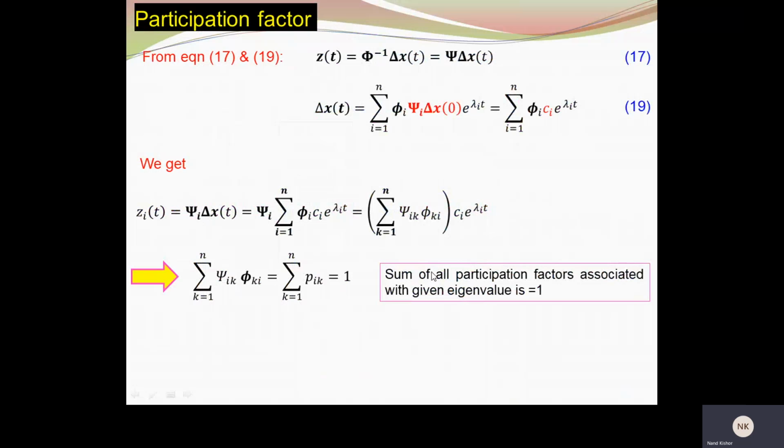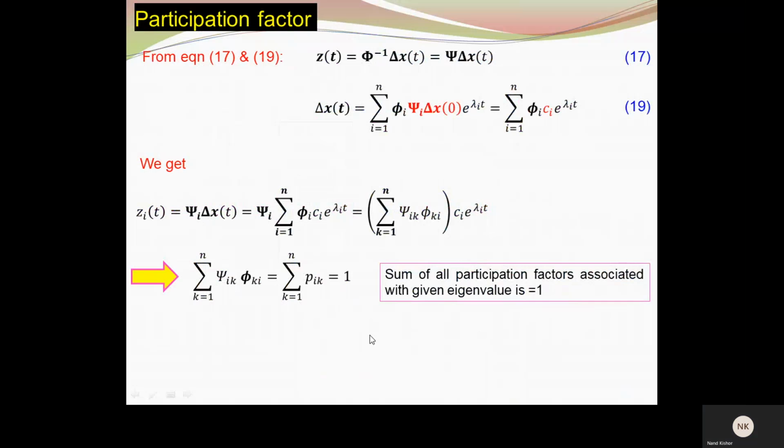So the sum of all participation factors associated with a given eigenvalue will always be unity. We will discuss this property when we take some examples in the later discussion.